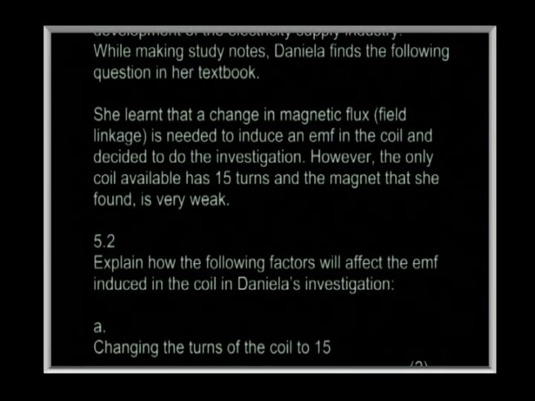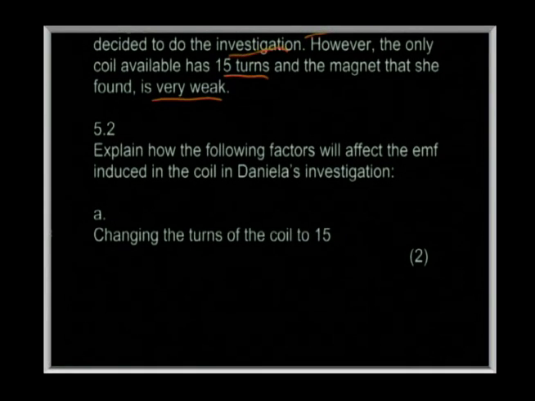She learned that a change in magnetic flux, important, is needed to induce an EMF in the coil, and decides to do an investigation. However, the only coil she has is 15 turns, and the magnet that she found is very weak. So what does it say? Explain how the following factors will affect the EMF induced in Daniela's investigation.